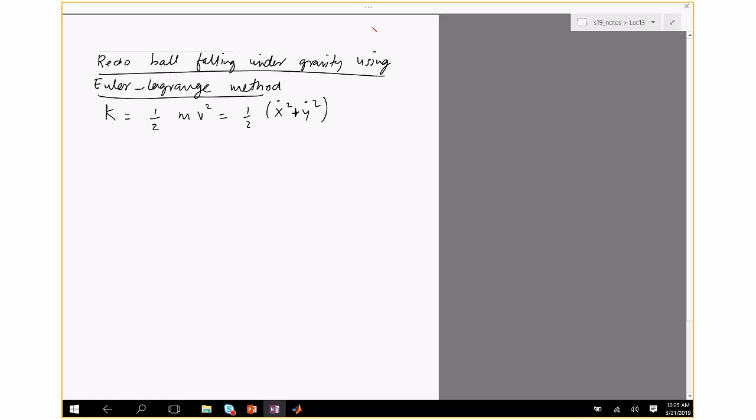And then the potential energy is minus mgy, where I'm assuming that upwards is positive. So the Lagrangian is K minus P, so that's half m (x dot squared plus y dot squared) minus mgy.